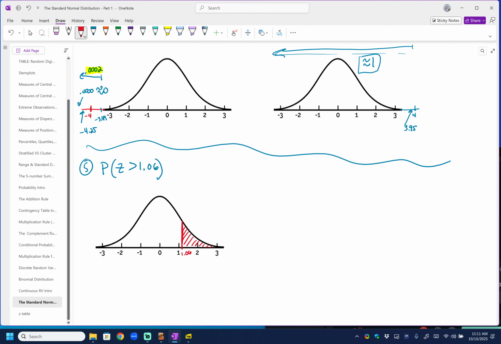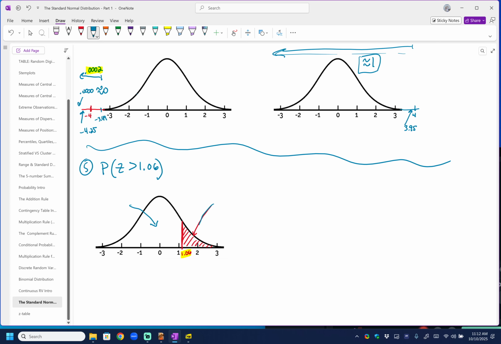Remember, the goal here is we're looking for this area, but if we look up this number in our table, the table only gives us areas below. So if we look it up in the table, we're going to get this area on this side, but we want this area on this side.